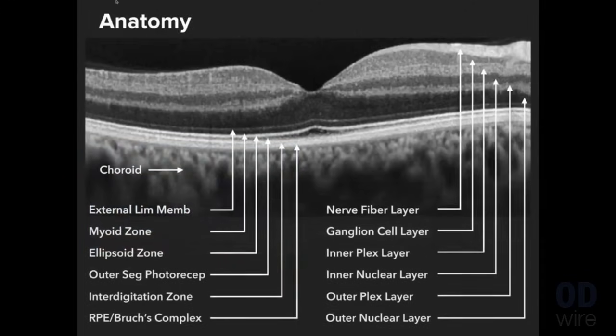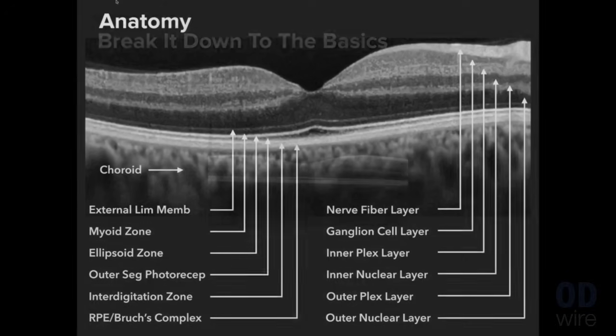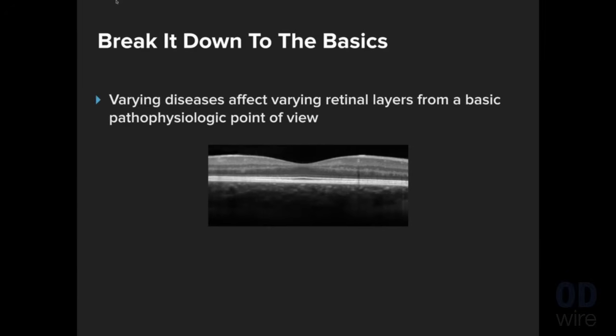Of course, the OCT can be broken down into its anatomical components. You've got all sorts of layers which are labeled here in this image. And really, this is the anatomy. I mean, think about it. We used to only look at this under a microscope. But now we're looking at it in vivo all the time. But I think perhaps it's even simpler to look at an OCT.